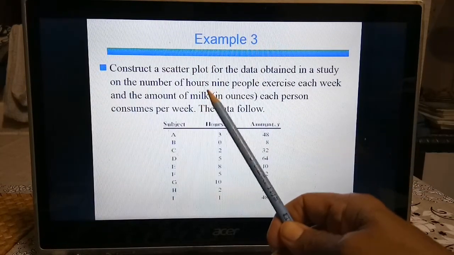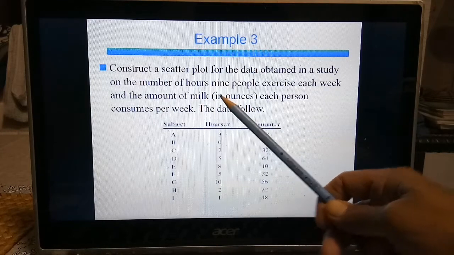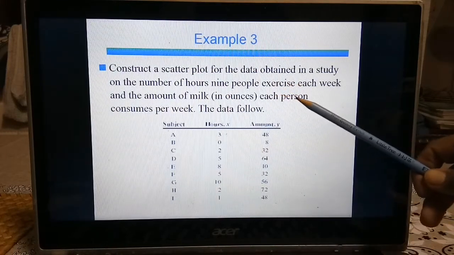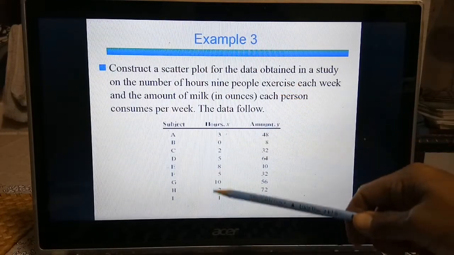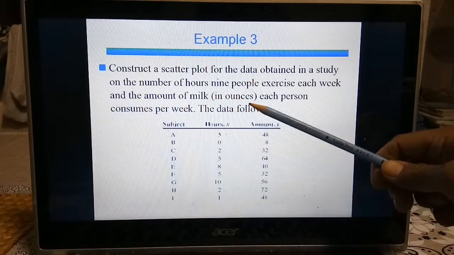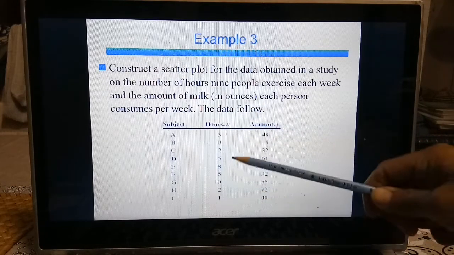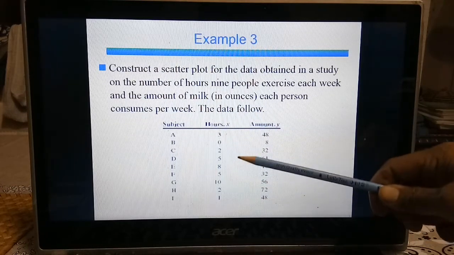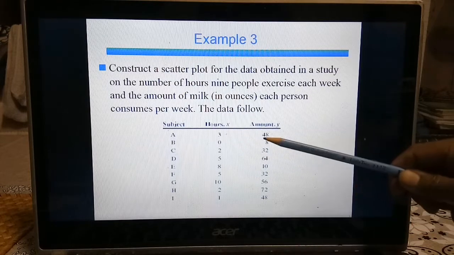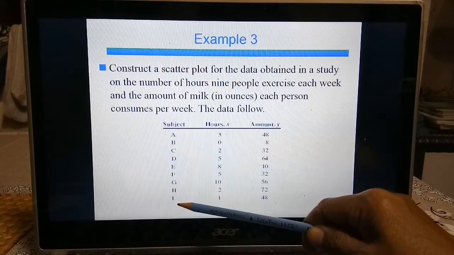Example 3: construct a scatter plot for the data obtained in a study of the number of hours 9 people exercise each week. So number of hours exercise bagi 9 orang, dengan amount of milk that he or she consumes. So daripada sini kita boleh plotkan scatter plot X versus Y untuk 9 subjek.